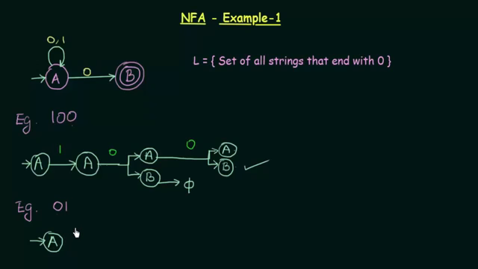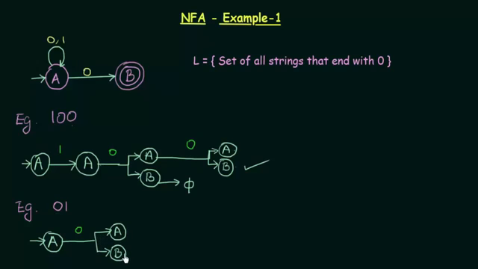A on getting 0, where does it go? A goes to A itself, and also it goes to B.